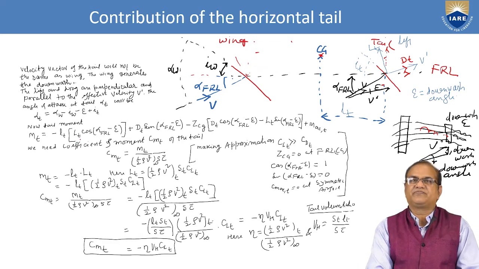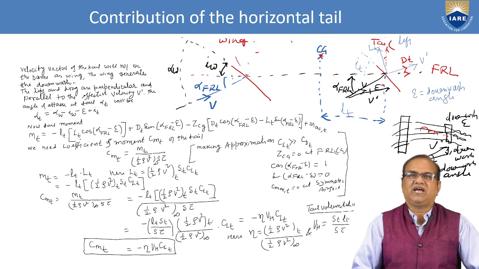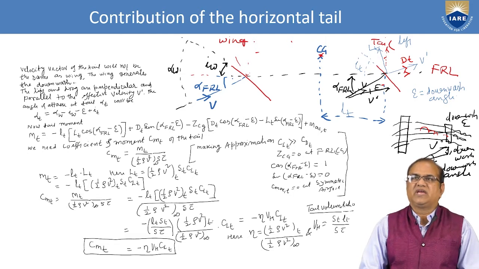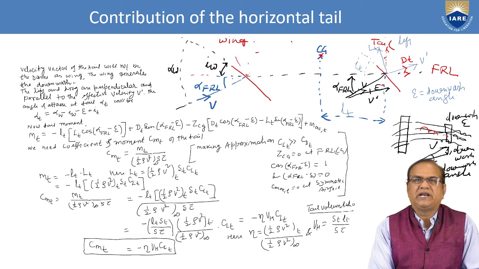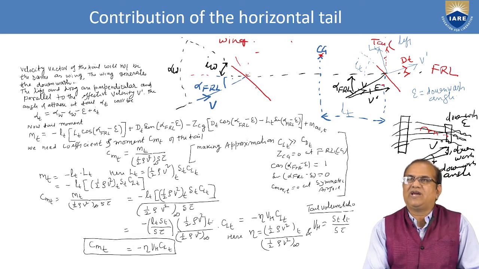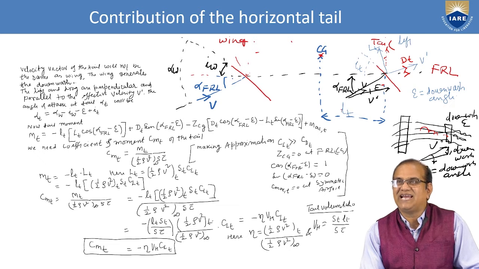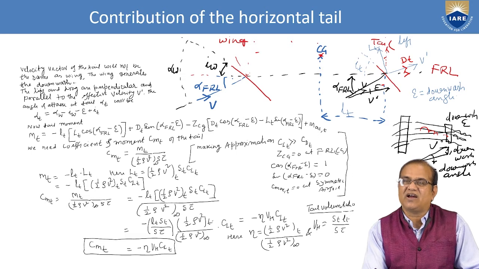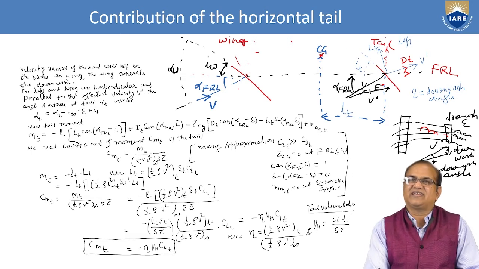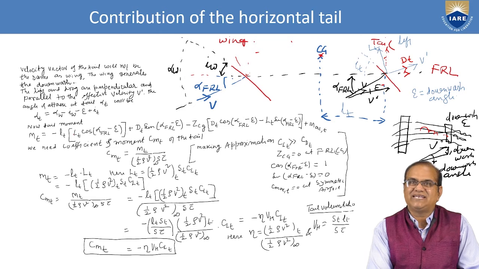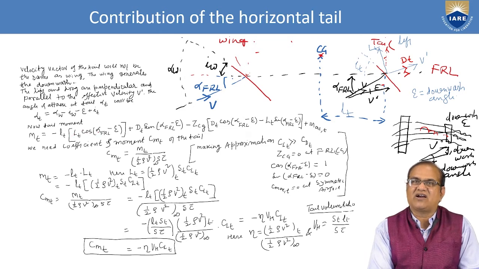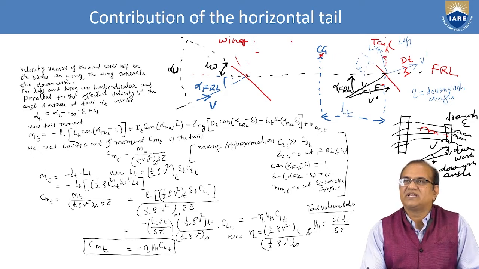Now we have to find the tail moment. You can see that the tail moment MT is equal to minus LT, because this lift will be in this direction, so it is anti-clockwise, and for anti-clockwise we have to take minus, minus LT into LT cos of alpha FRL minus epsilon.